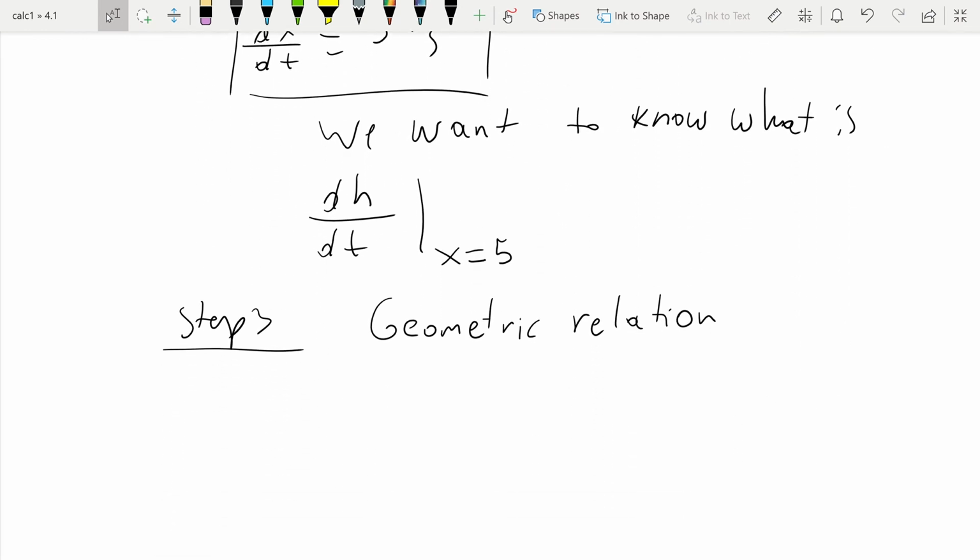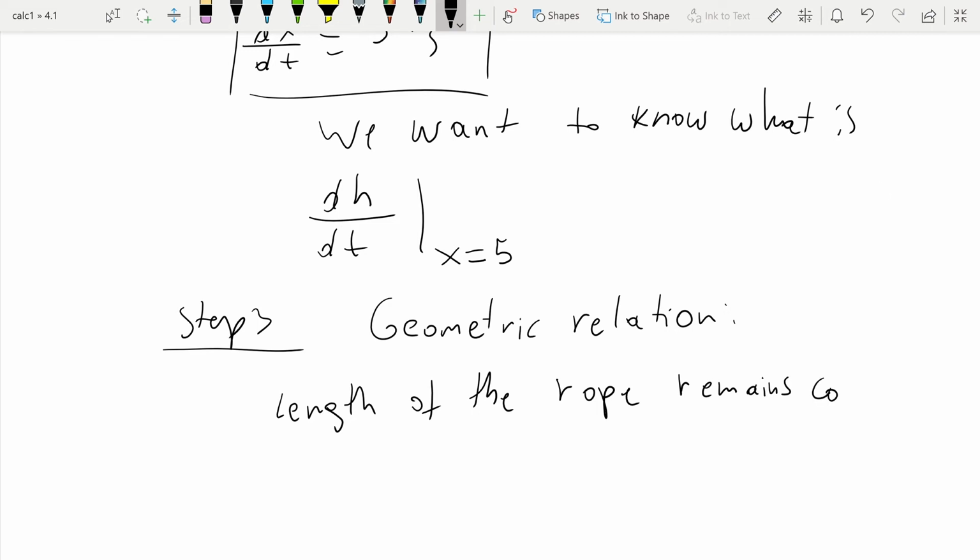So the geometric relation is the length of the rope remains constant.